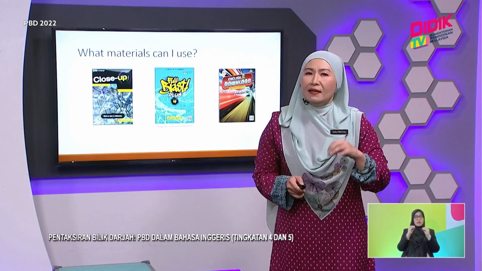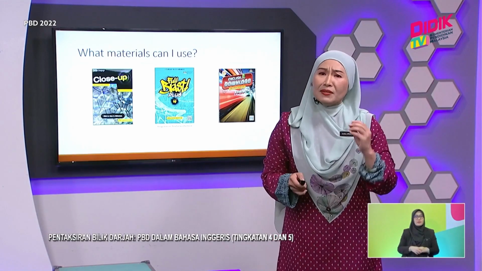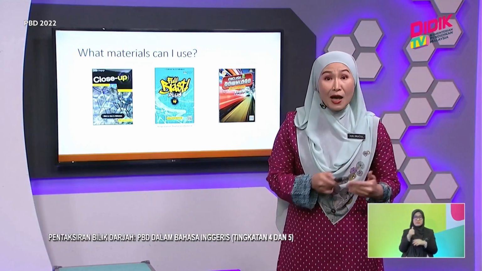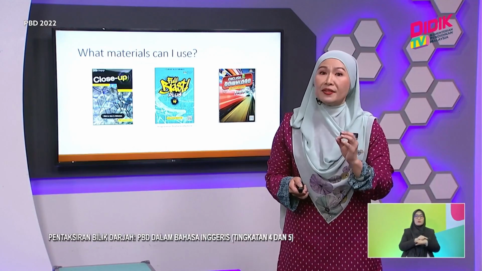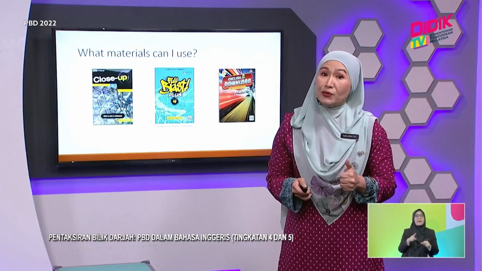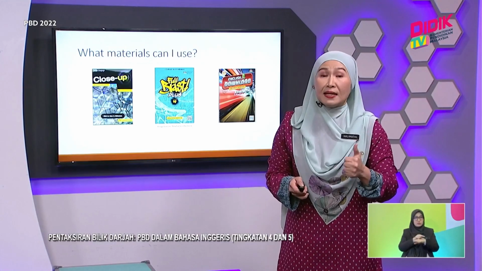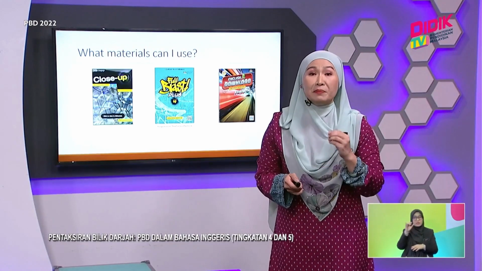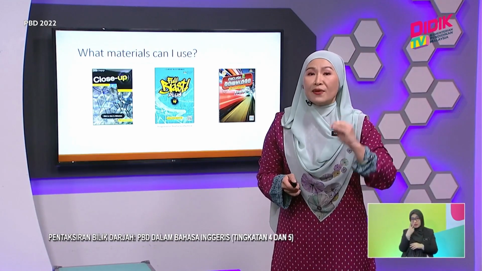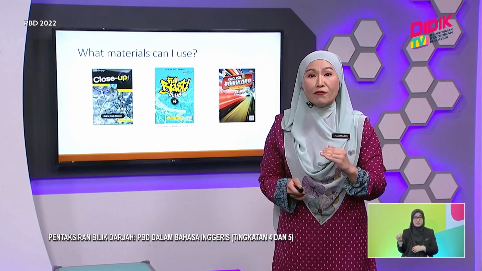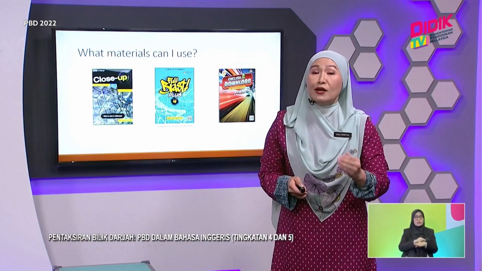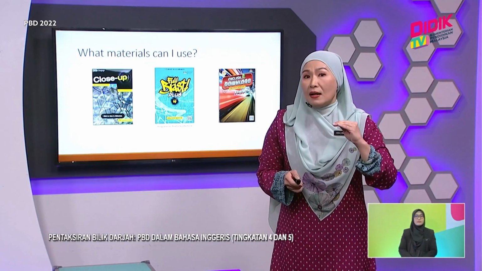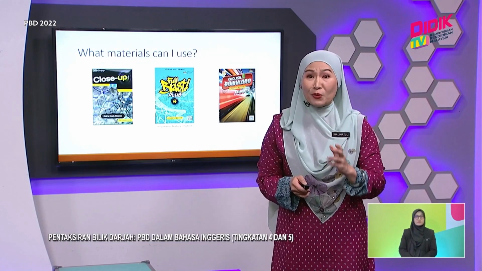So if you think the text in the book is not really interesting, or you feel there's something else that you want to expose your pupil to, make sure that, number one, the material you use will reflect the learning standard, and more importantly, number two, check and see if the material used is relevant to the level of the pupil who you are going to teach. So for Form 4, it has to be at B1 level, low to mid, depending on your pupil's abilities.